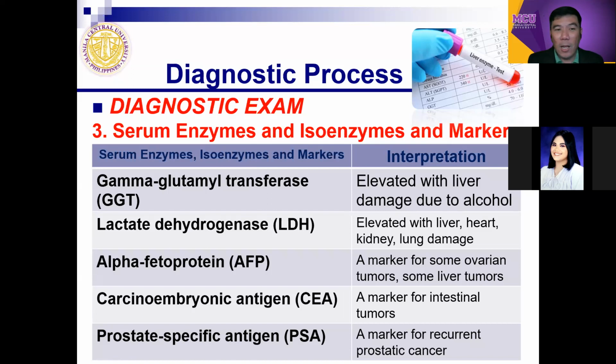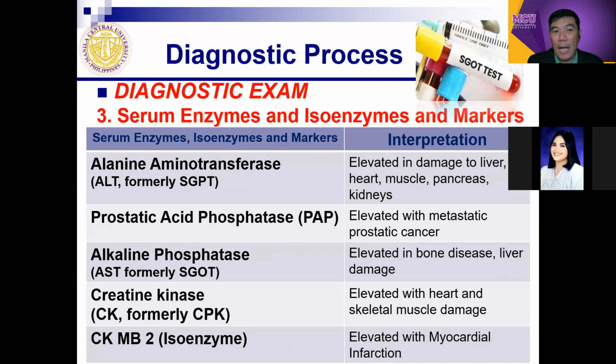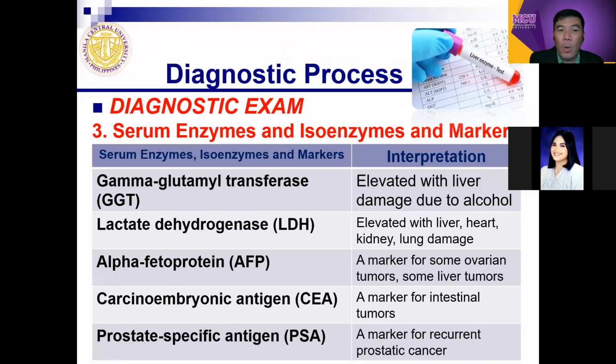So kung elevated siya. Next naman po, if the concern naman ay for cancer. Kasi kanina yung spread pag prostatic cancer naman po ay yung PAP, yung prostatic acid phosphatase. Ito naman po pagka to detect naman po ay chance po na ang liver po ay may liver tumors at ovarian tumors po.